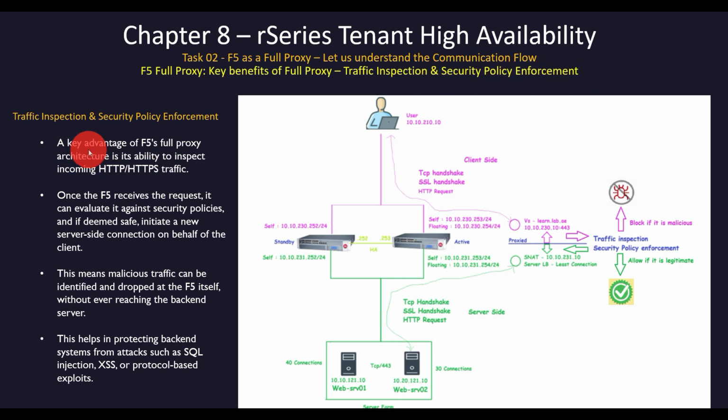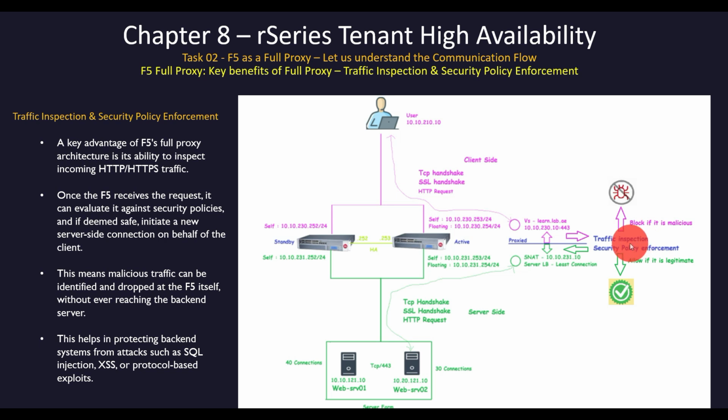A key advantage of F5 full proxy architecture is the ability to inspect the incoming HTTP and HTTPS traffic. Once the F5 receives the request, it can evaluate it against configured security policies.